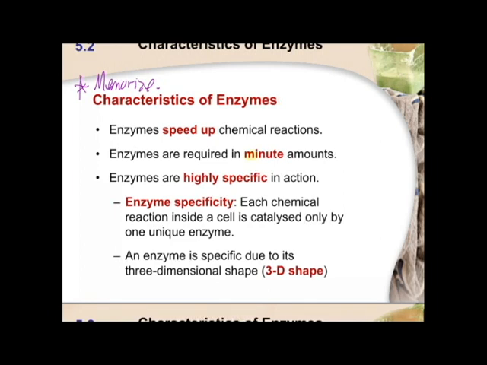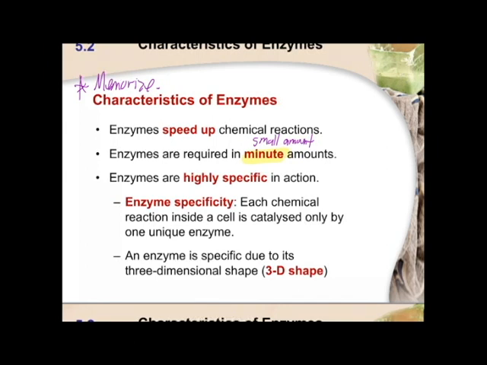Next, enzymes are required in minute amount. Minute amount means small amount. How is it able to fulfill this requirement? The reason is that enzymes, at the end of the reaction, remain chemically unchanged. And when enzymes remain chemically unchanged, you can reuse the enzyme again and again and again.